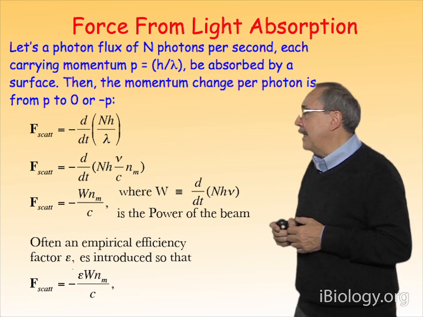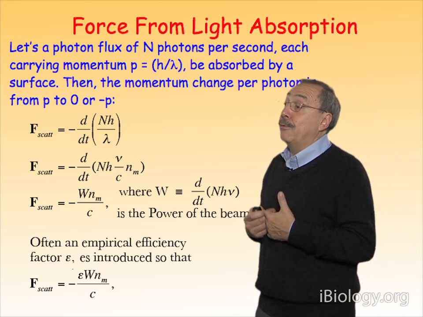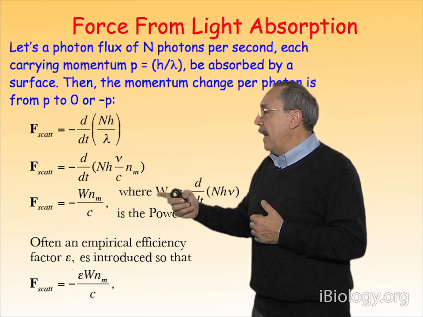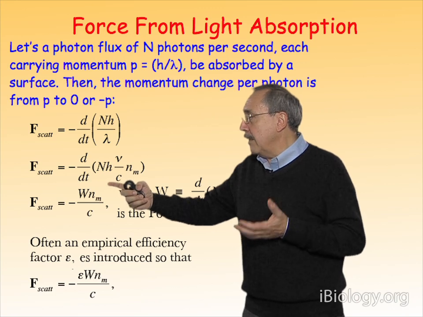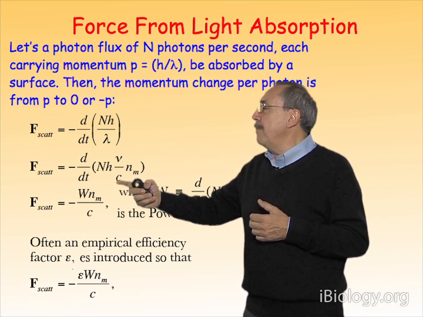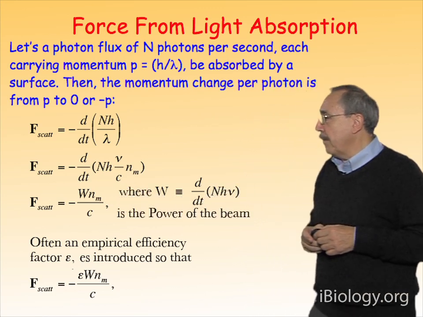And so you see that the force that is experienced by the surface due to the absorption of the photons is equal to the power of the light hitting the surface, which is energy per unit time, times the index of refraction of the medium divided by the speed of light. Okay?